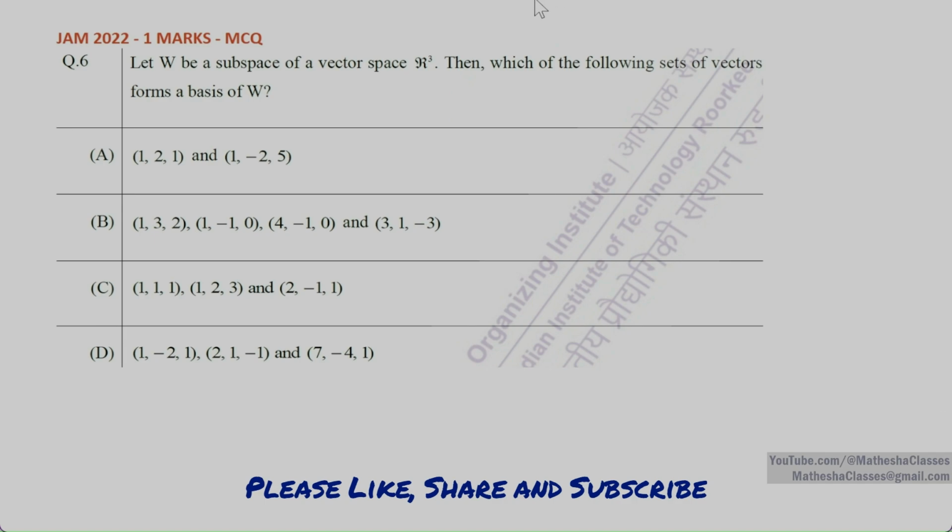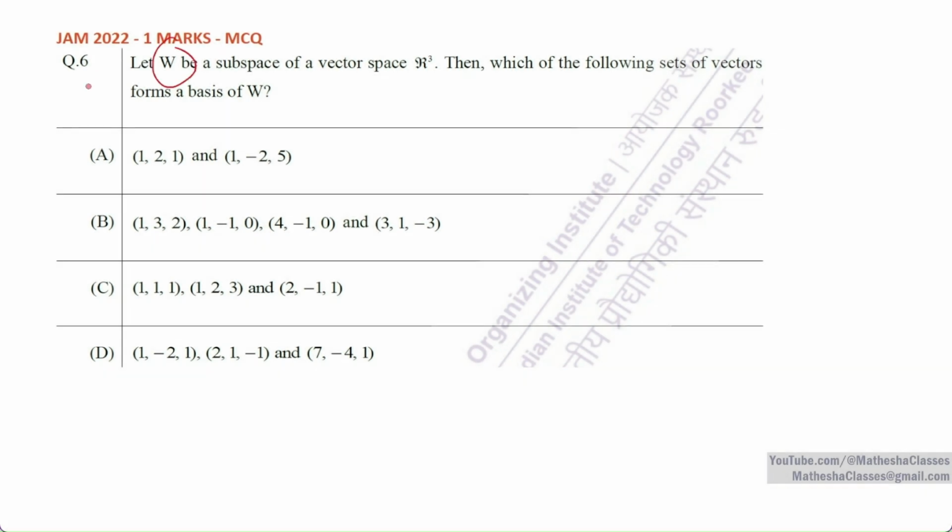Now let us get back to our sum. Definitely we know nothing about W and therefore it is not possible to answer this question completely. But even without knowing anything about W, it will be possible for us to discuss at least two options from these four options just by using the very powerful tricks that we have just learned.